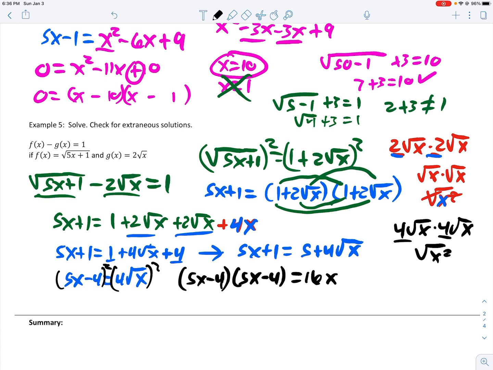So I'm going to multiply out the left side. And it's going to give me a quadratic that I'm going to try to factor. So 5x times 5x, 25x squared. 5x times 4 is minus 20x. And then we have negative 4 times 5 is minus 20x plus 16 equals 16x.